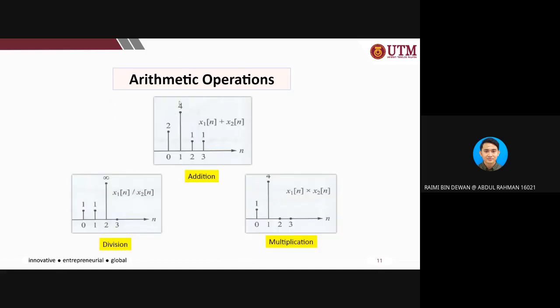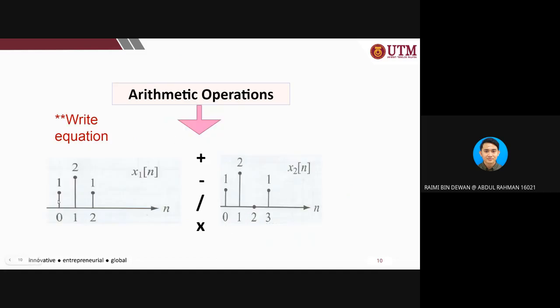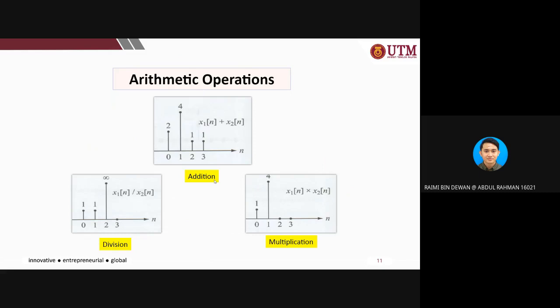So here is our addition. Let's go to previous examples. At n equals 0, it is 1 plus 1, so you should have 2. So you have value 2 here, and the same goes for the others.